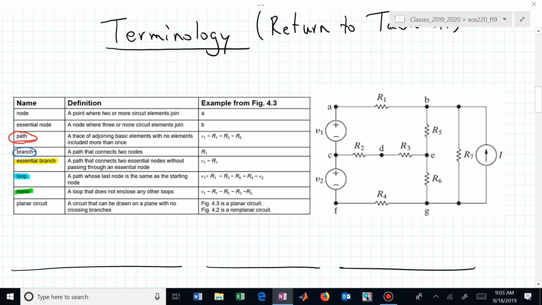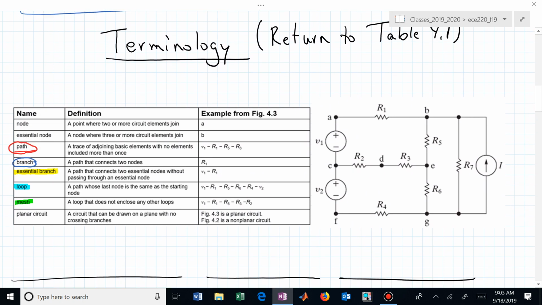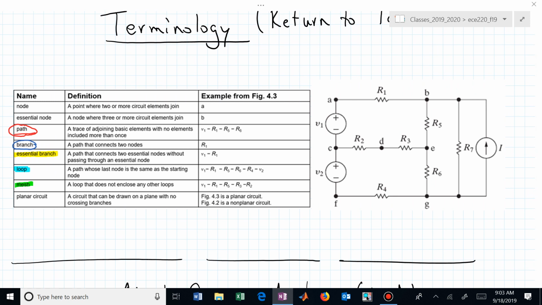Let's now return to Table 4.1, which is on the left, and the accompanying circuit that is using these definitions, or these definitions are then showing via example what's going on in the circuit, which is Figure 4.3.